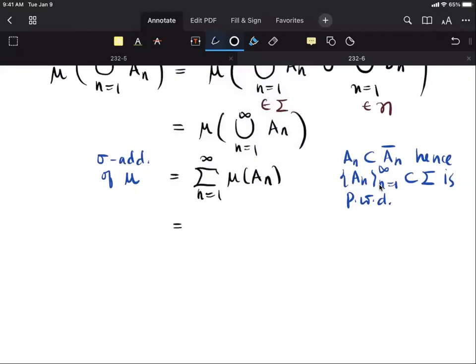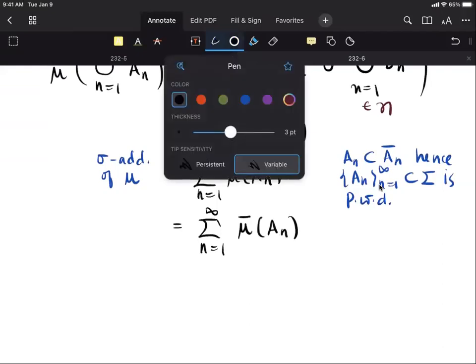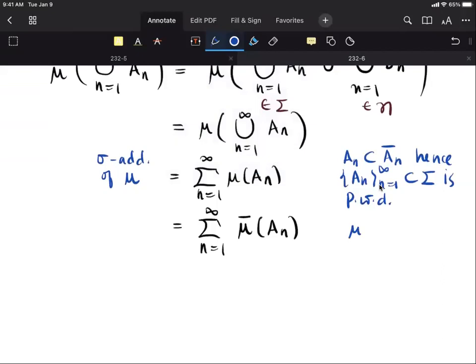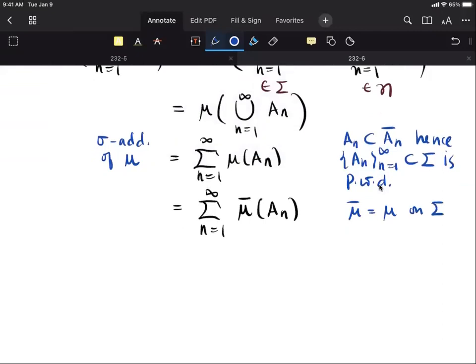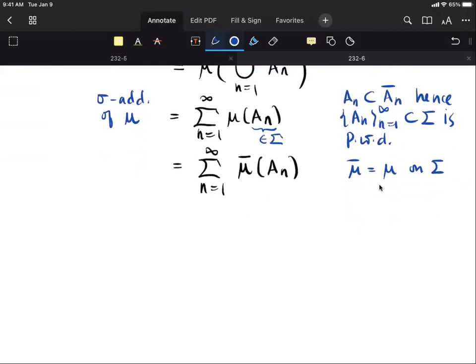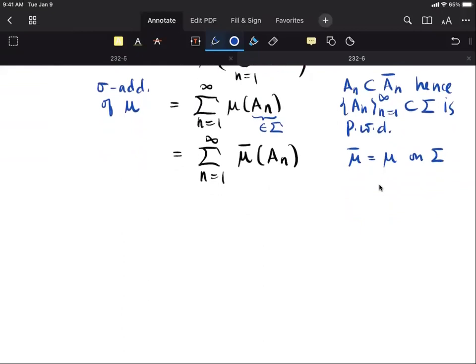And now you have the fact that mu bar and mu coincide on sigma. Since A n is in sigma, then you can do this. So the values of mu and mu bar are the same.